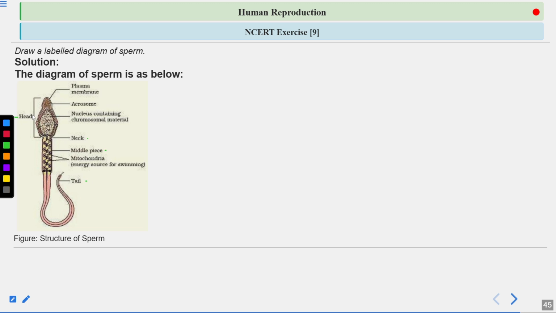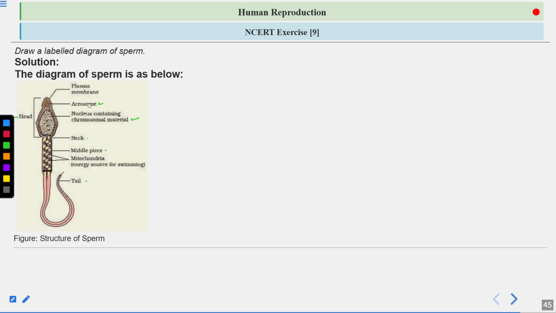Let's start with the head now. Within the head, the nucleus is present, and the nucleus consists of the genetic material. Then on the anterior part of the head, meaning the upper side of the head, the acrosome is present.